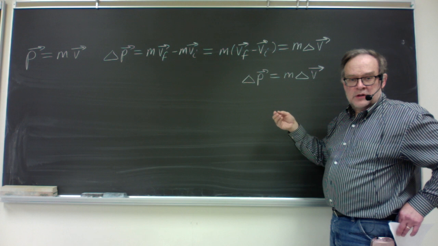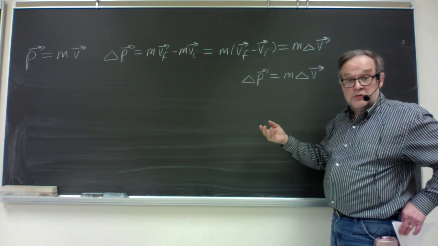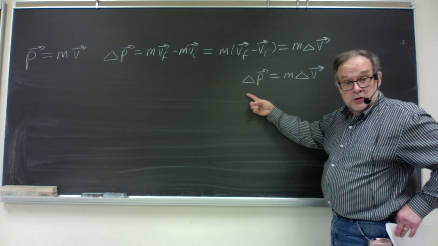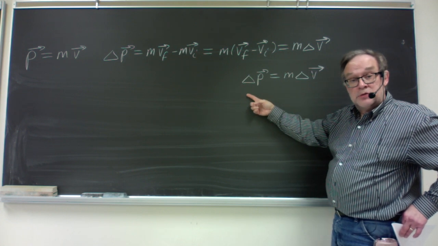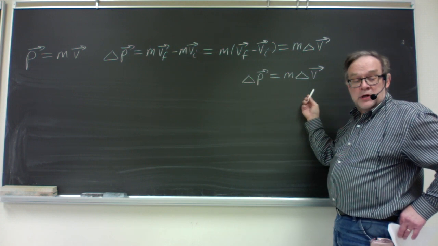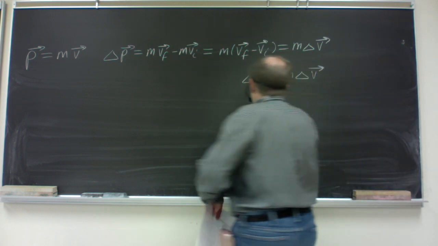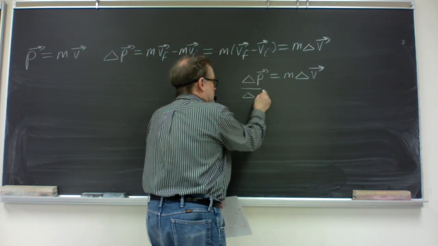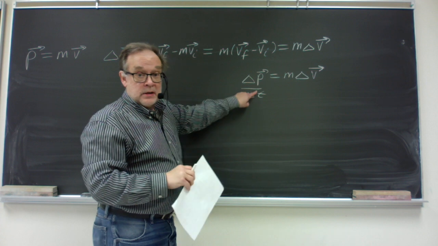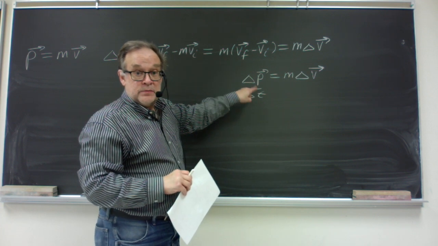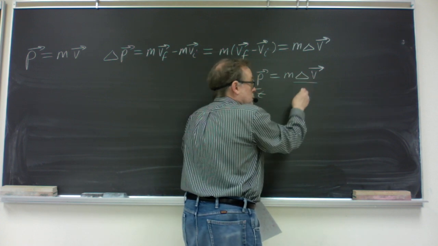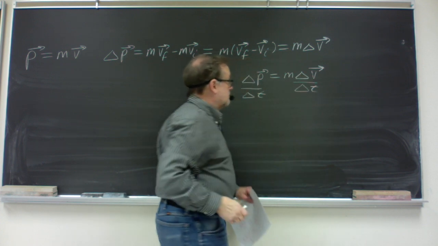We're interested often in the rate at which velocity changes, in other words, acceleration. So we can think also about the rate at which momentum changes, and we'd get that just by dividing this equation by delta t, where delta t is the amount of time it took to get this much momentum change, and that's the same amount of time that it took to get this much velocity change.